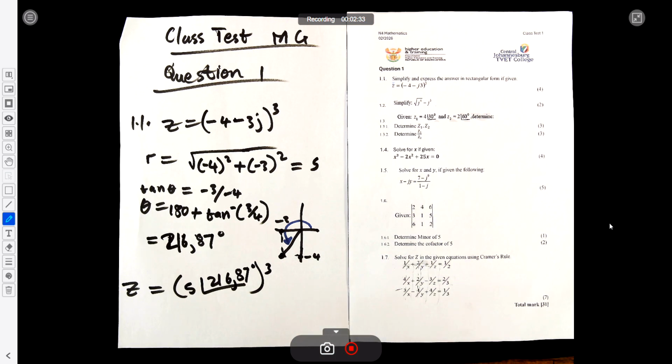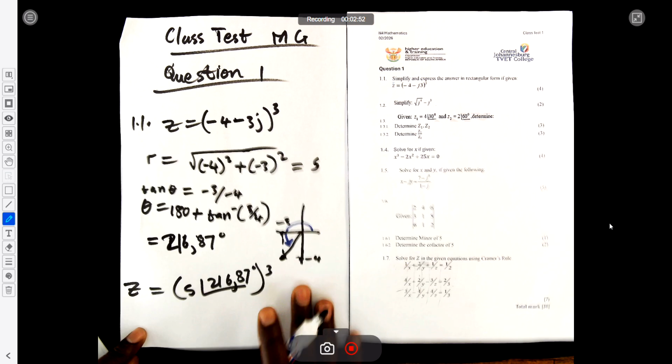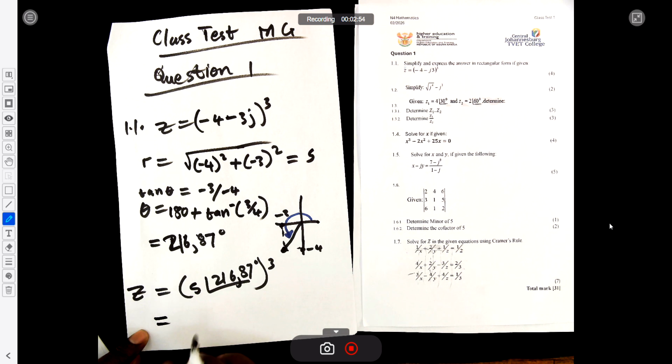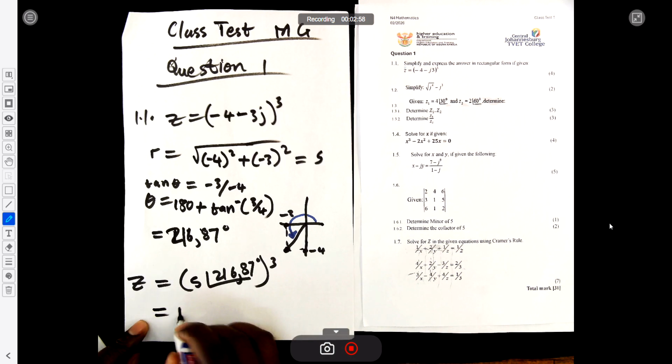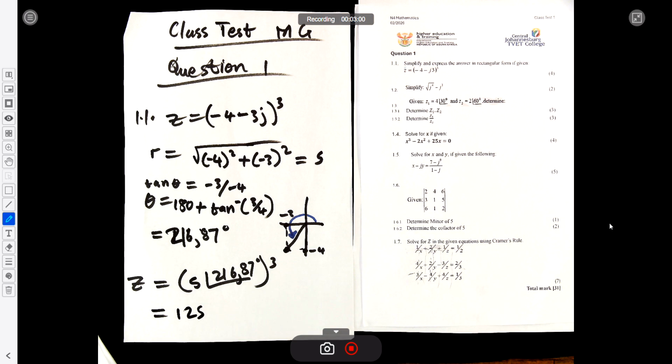So all in all, to the power of 3. And therefore, when you use what we call De Moivre's theorem, we raise 5 to the power of 3, which is 125.